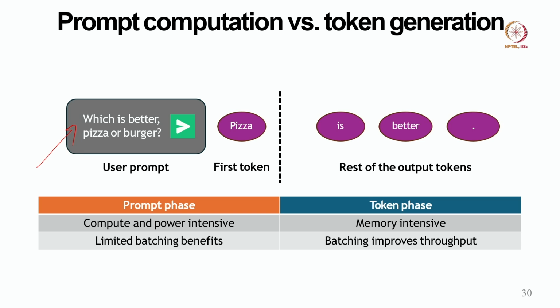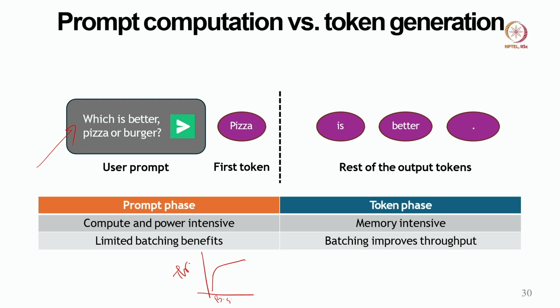As we already saw, if the y axis is the throughput and the x axis is the batch size, the curve is mostly flat like this during prefill, right.